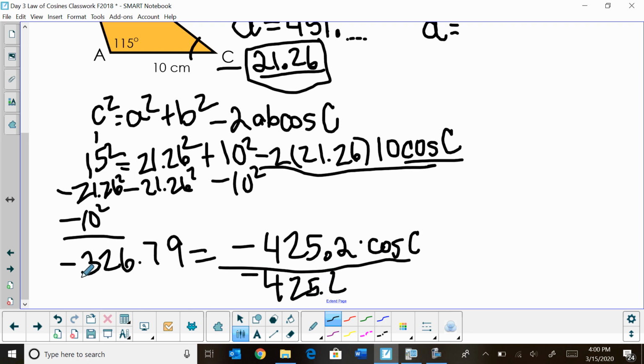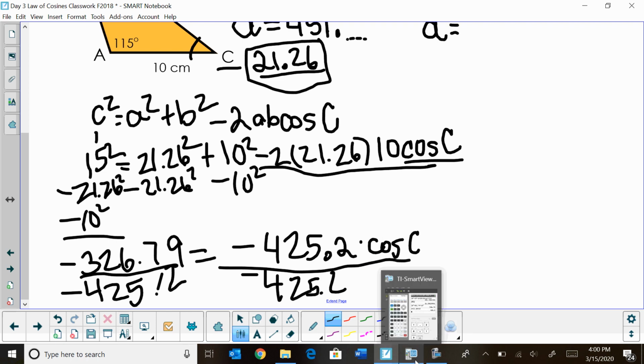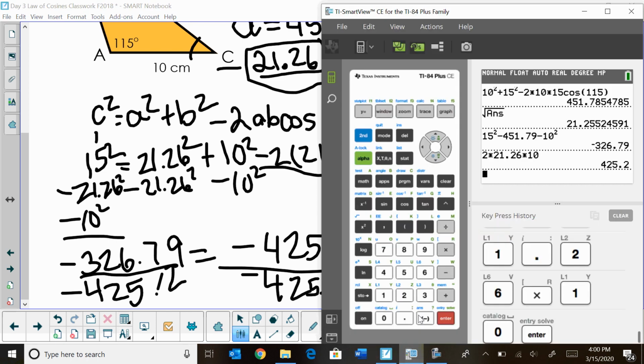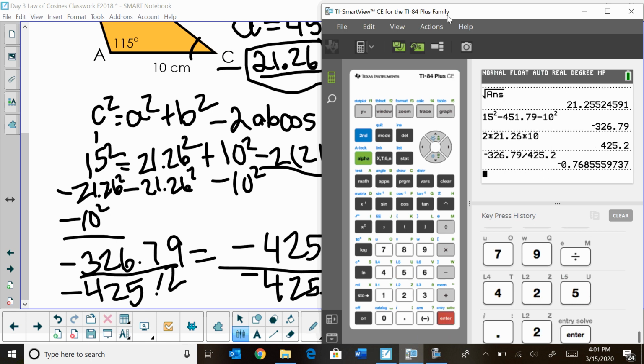So we have, let's clear this for a second because it's a negative, negative 326.79, all divided by 425.2. And that gives us cosine C.